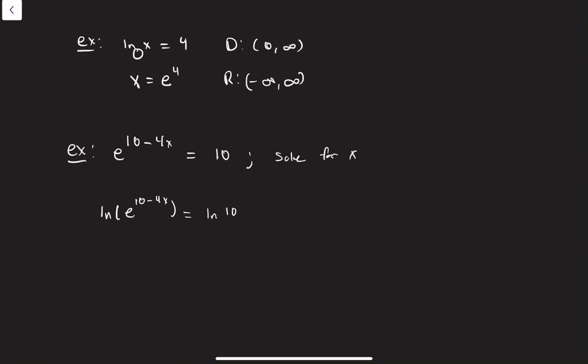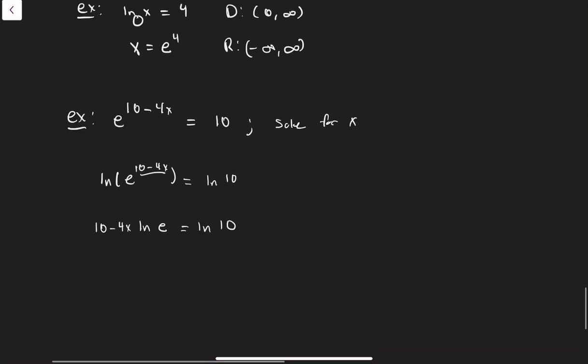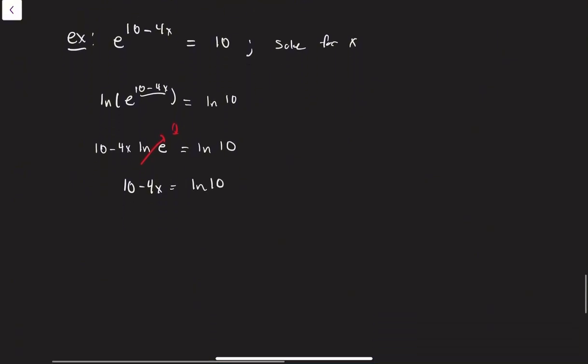Well, then, using the laws of logarithms, we can bring down this 10 minus 4x to the front. We can go 10 minus 4x times ln of e equals ln 10. Well, we know ln of e is just equal to 1, so we can cancel that as a 1. So now we have 10 minus 4x is equal to ln 10, and just by using simple algebra, we can do 10 plus ln 10 is equal to 4x.